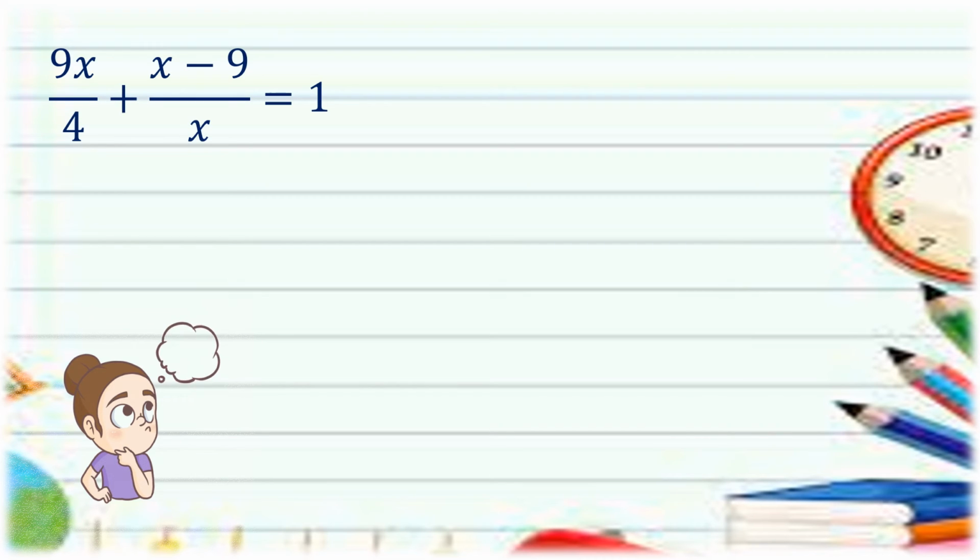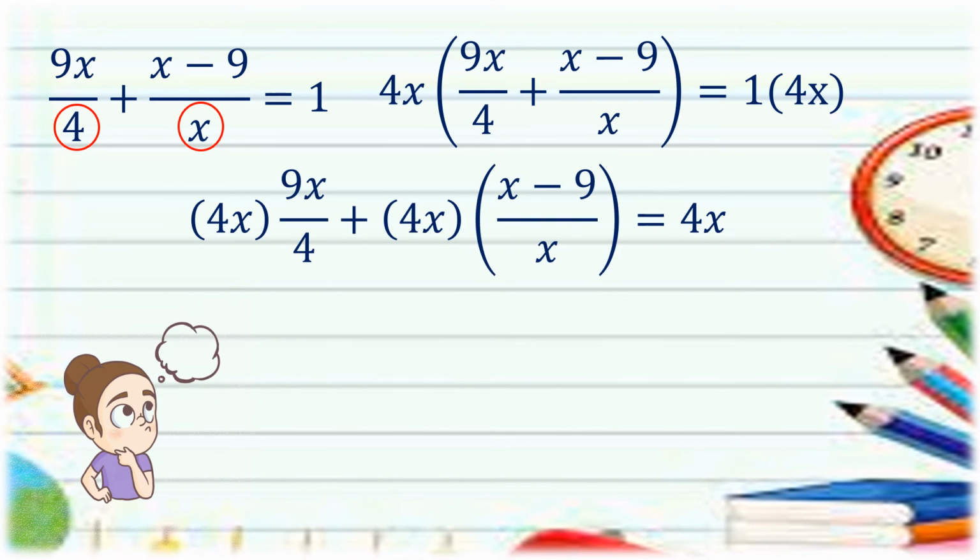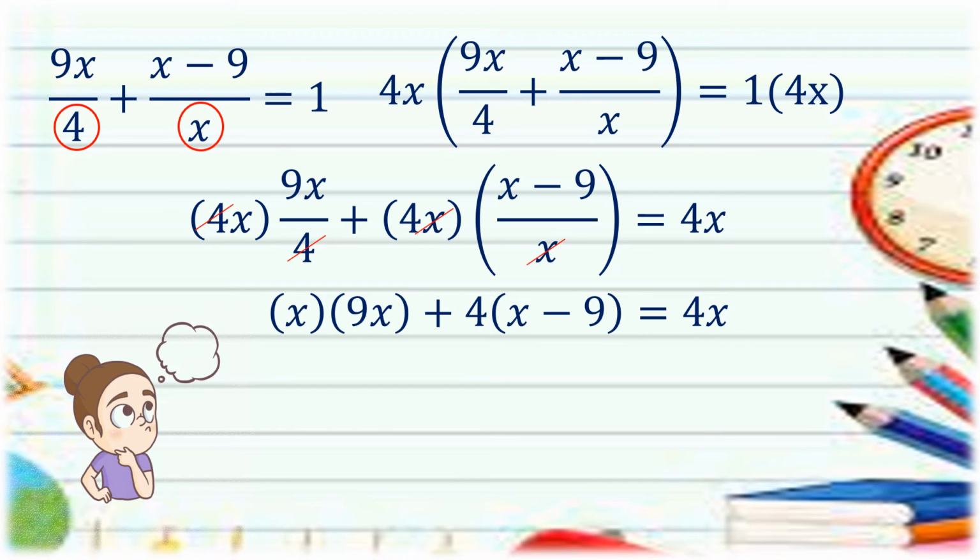So how about if we have denominators? In here, we are going to get the product of your denominator. So we have to multiply both sides by 4x. Simplifying further, we are going to cancel 4 and 4, and then in here, the x and your x. So what is left are the following.